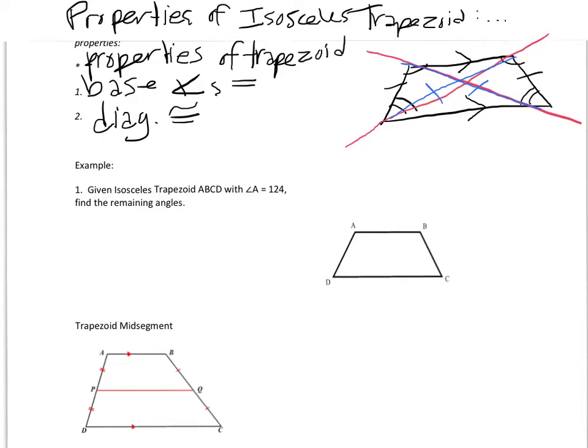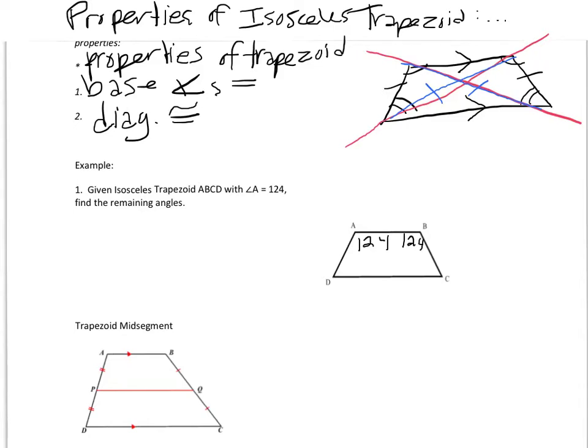So if we apply those properties to this problem we have here, given isosceles trapezoid ABCD, we know that angle A is 124 degrees. So that's to say that that upper left angle is 124. Find the remaining angles. Well, I know that because it's an isosceles trapezoid, this also has to be 124.